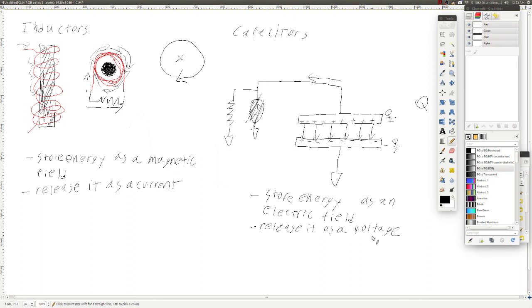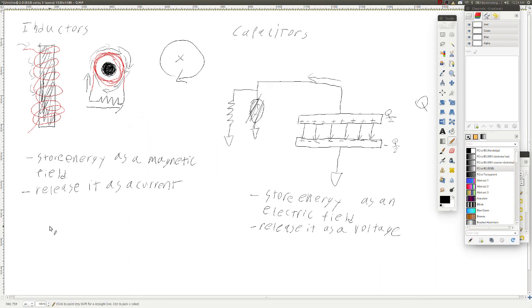Now, the voltage and current in a capacitor and inductor are related, similar to how Ohm's law relates resistance to voltage and current. And so we define some terms to make it possible to define it in the same simple way.